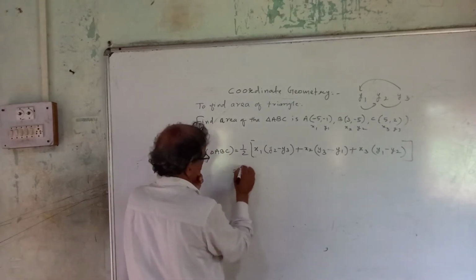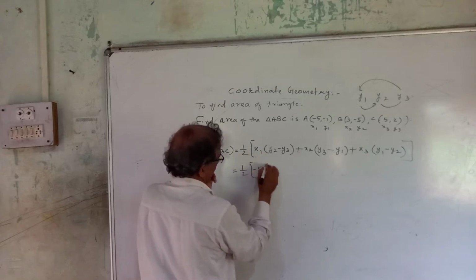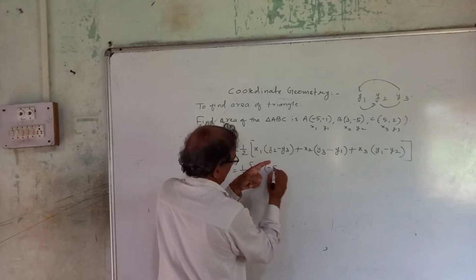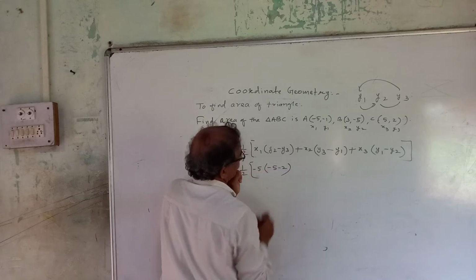Now the formula: half, x1 means minus 5, into (y2 minus y3). y2 means minus 5, minus y3 means 2, so minus 2.